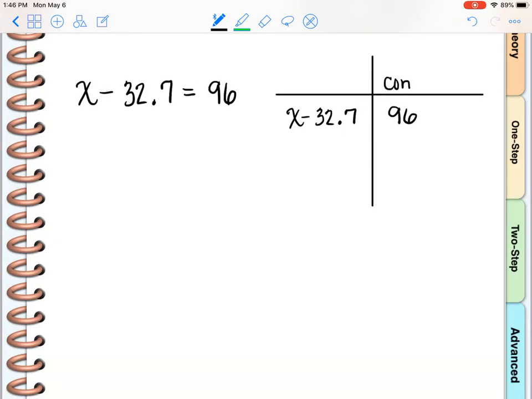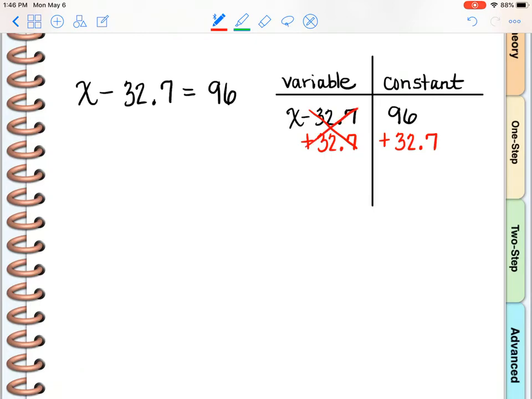So 96 is a number that is constant. X is a letter that is variable. So you see that negative 32.7 is a constant and needs to move to the constant side. So let's do the opposite. If you do it to one side, do it to the other.